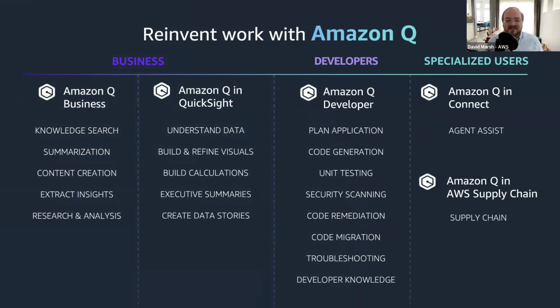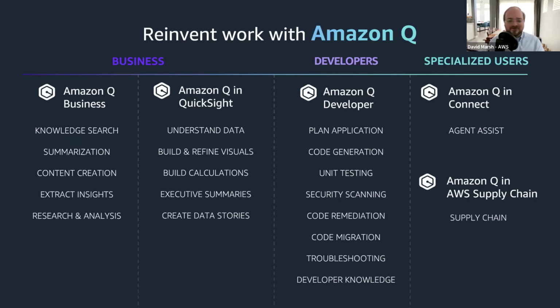So there's Q in Amazon QuickSight, where you can build your visuals with generative AI. You can also do things like create executive summaries and data stories. So a narrative around your data to share with stakeholders and gain better insights into your data on top of just the visuals available in QuickSight.